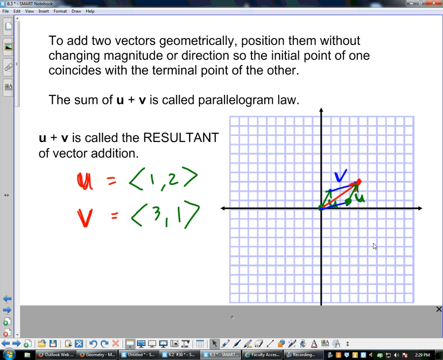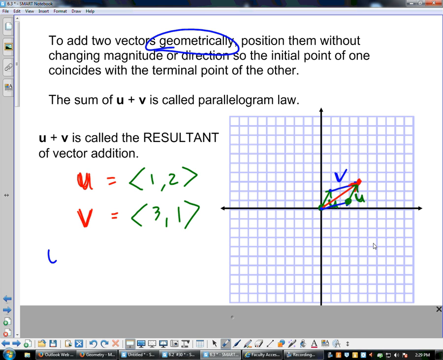We just added two vectors geometrically, which means we're showing it on a graph, using geometry, because parallelograms tie in with geometry.